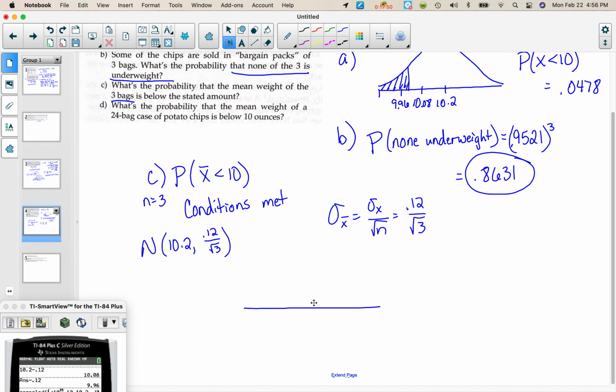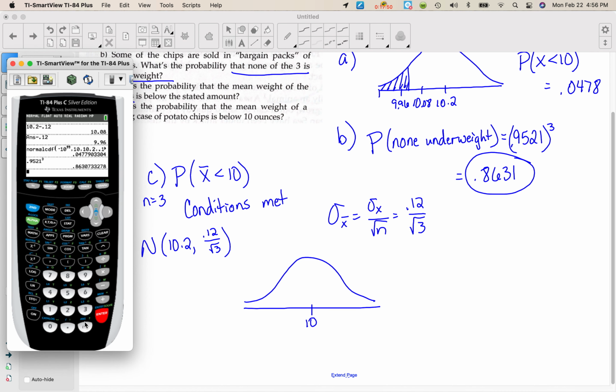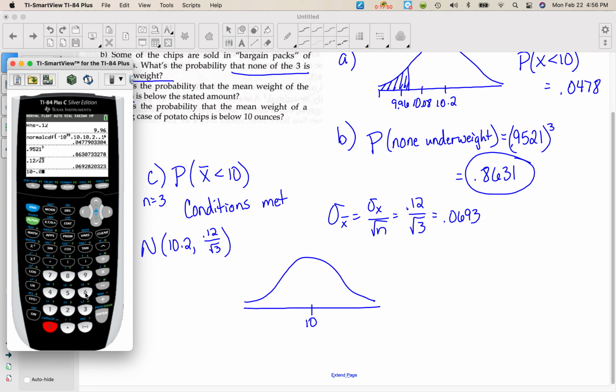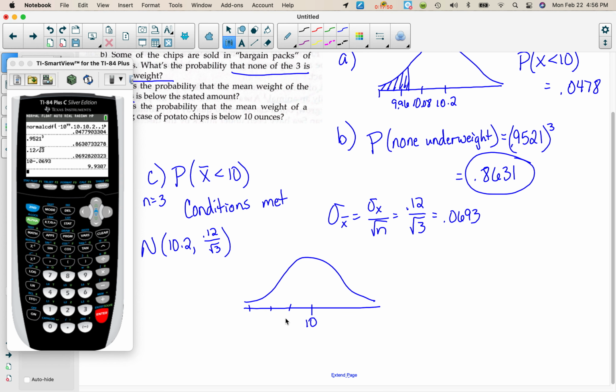So we can do this again. Actually, we have to do this again. And now I'm going to figure out 0.12 divided by the square root of 3. So this is 0.0693. So if I take 10, and I have, we'll call this 9.93.